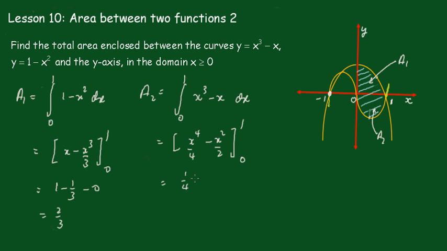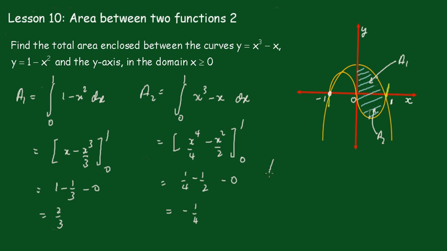That's 1/4 minus a half minus nothing, which gives me negative a quarter. Now, that's because it's below the x-axis, but we want the actual physical area, so we ignore the minus sign.